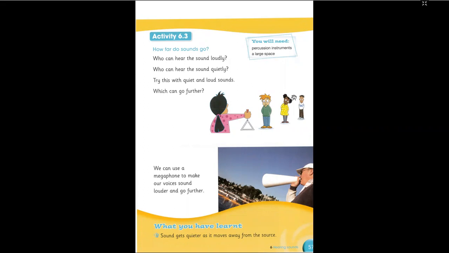Here in these three children, who can hear the sound loudly? Obviously, the first boy can hear the sound loudly. Why? Because he is near.